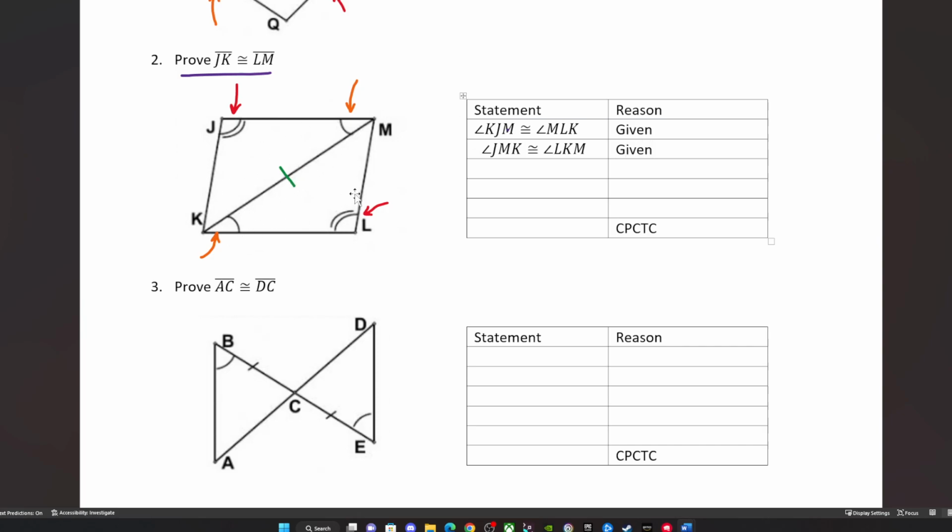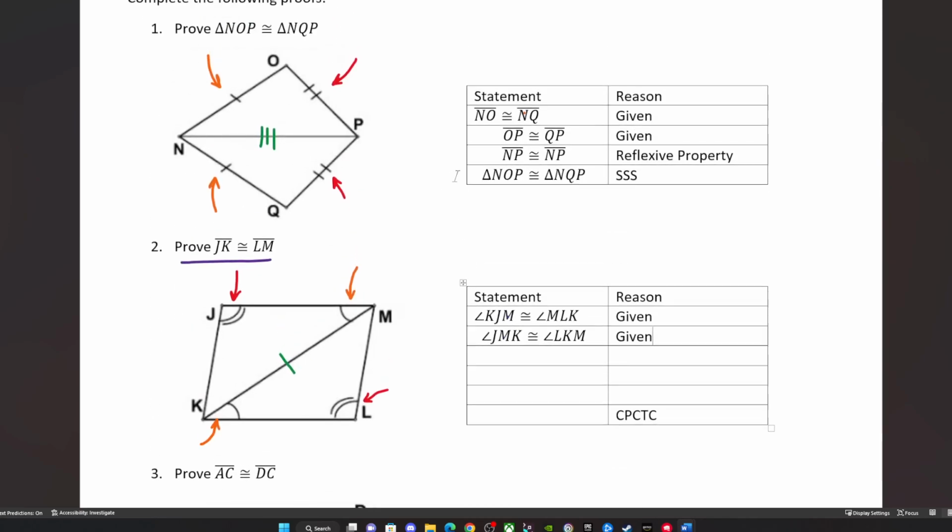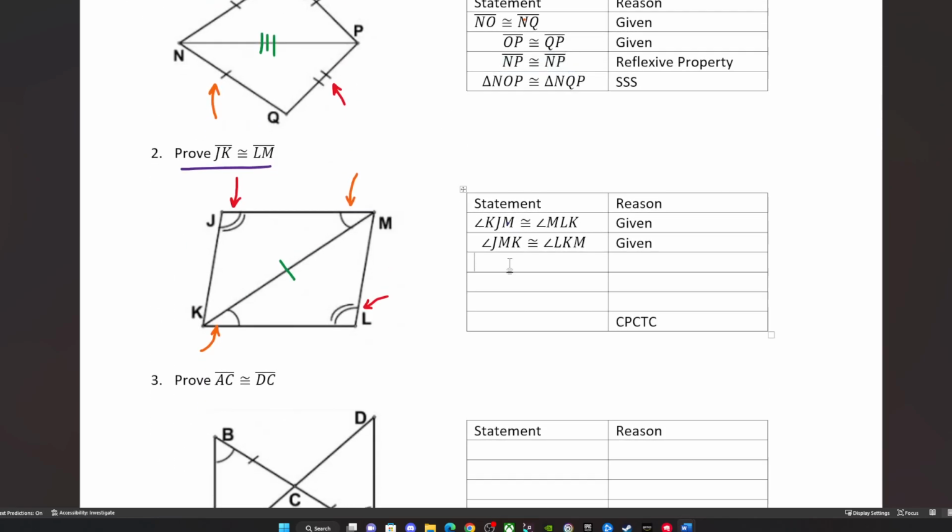And then finally the green one. The green one is segment KM, and it's congruent to KM. So segment KM is congruent to segment KM, and this is true because of the reflexive property.